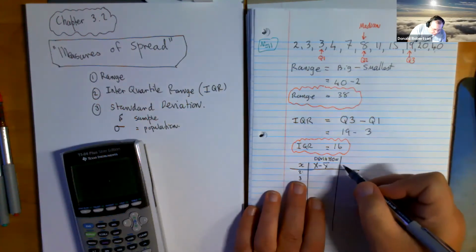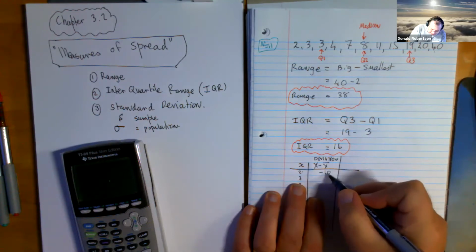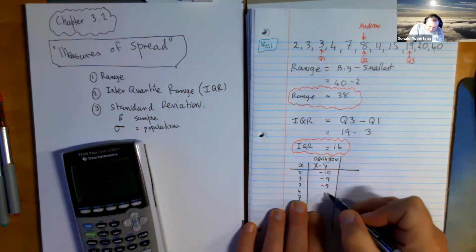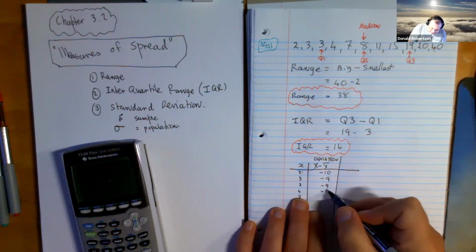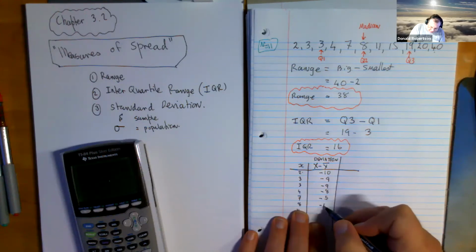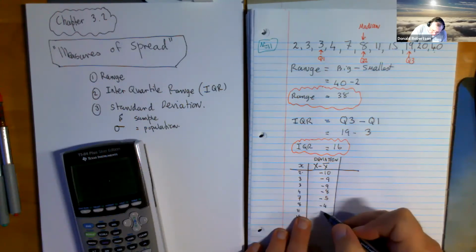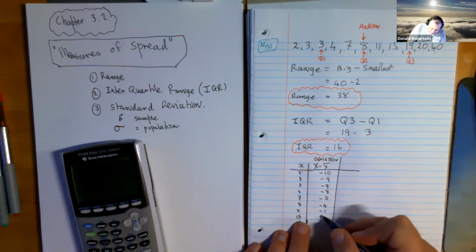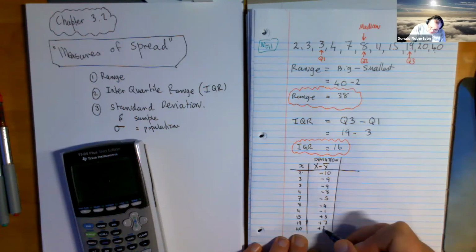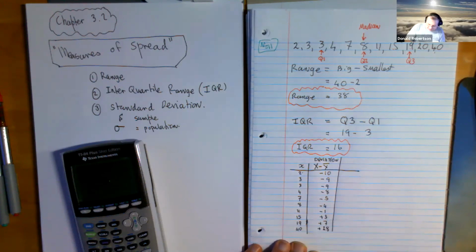So it was 12, so that's negative 10, that's negative 9, that's also negative 9, negative 8, negative 5, negative 4, negative 1, plus 3, plus 7, plus 28.